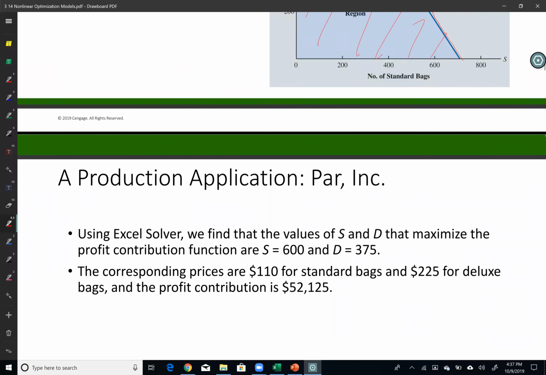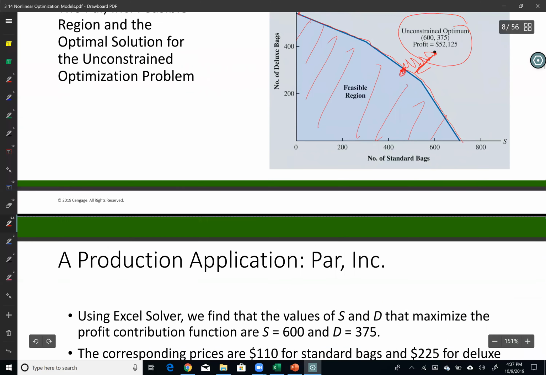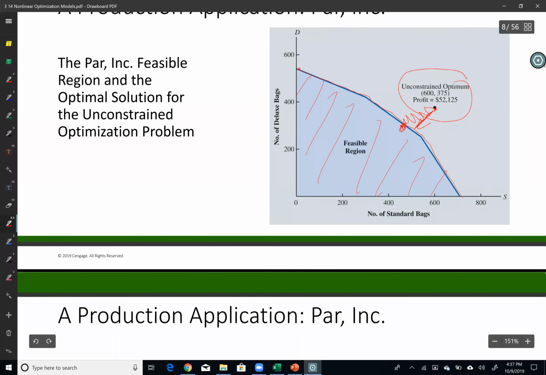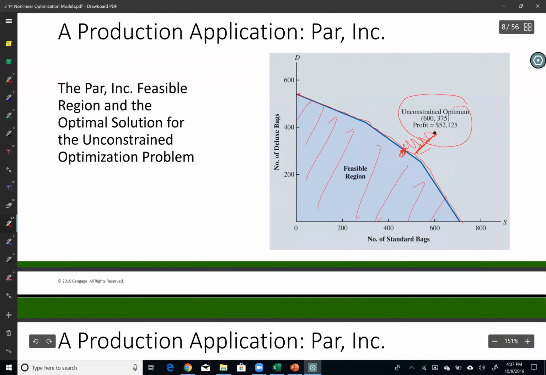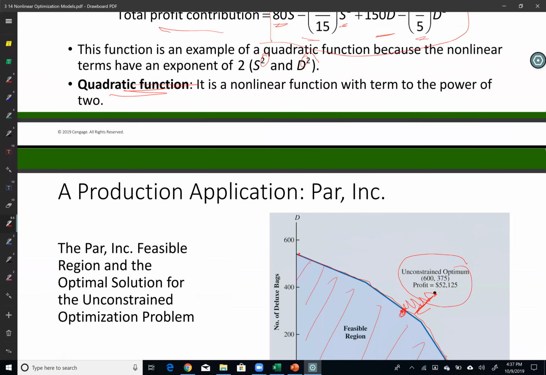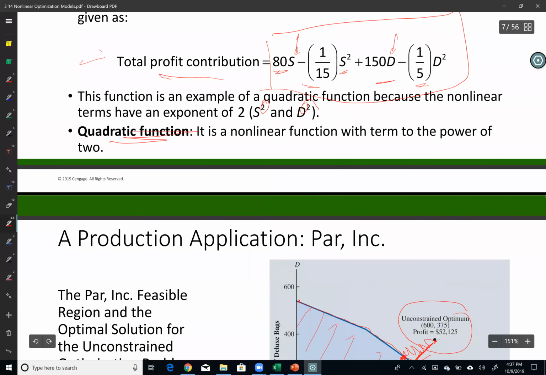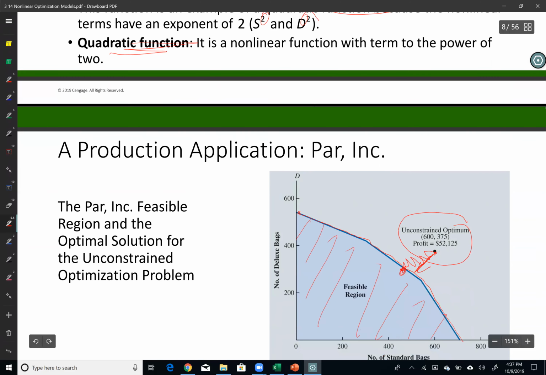So if I solve this unconstrained problem, if I don't have any constraint, and if I just plug these values into my objective function, profit, and try to maximize this using Excel Solver, which I will show you how, you will get the best solution over here.